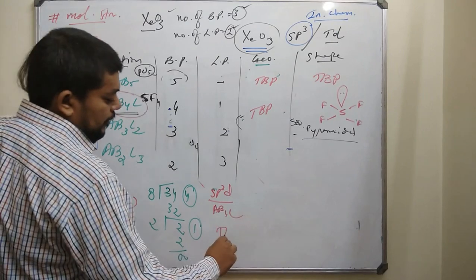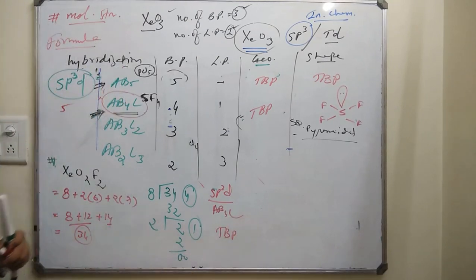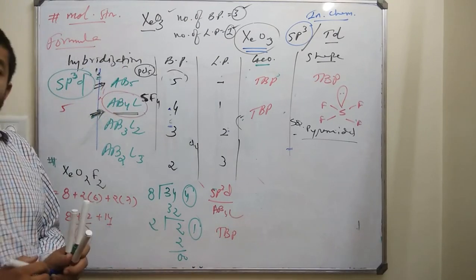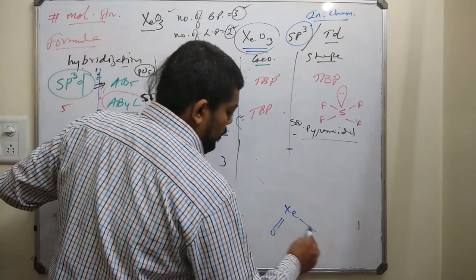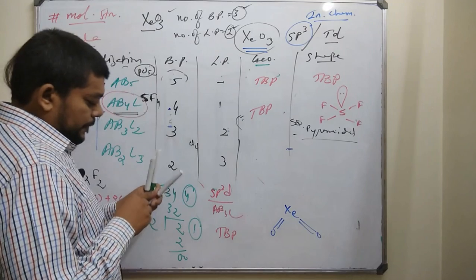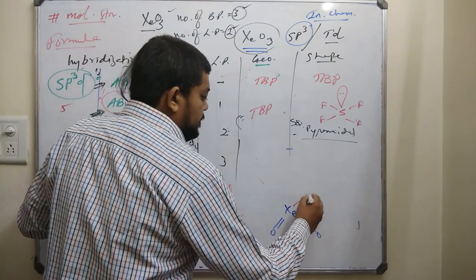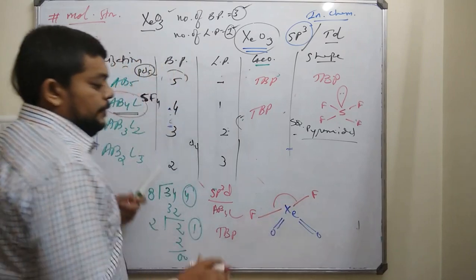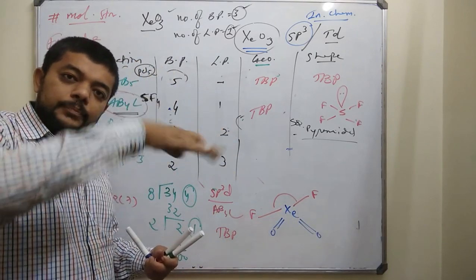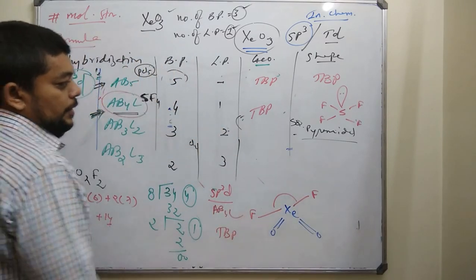So the geometry will be trigonal bipyramidal, but over here the shape will be seesaw. So it's an axis, the 2 stands of the seesaw, the first fluorine and the second fluorine, the seesaw. So the shape is changing over here.